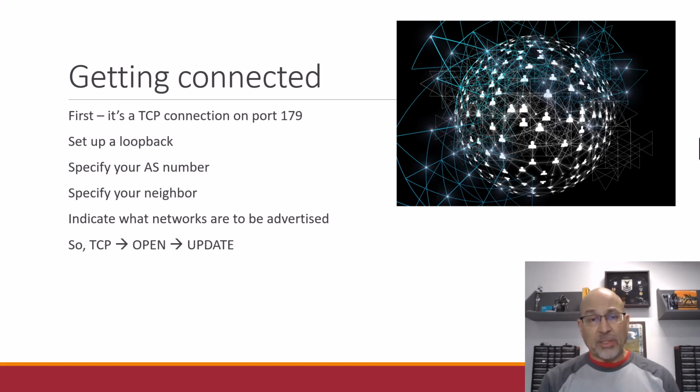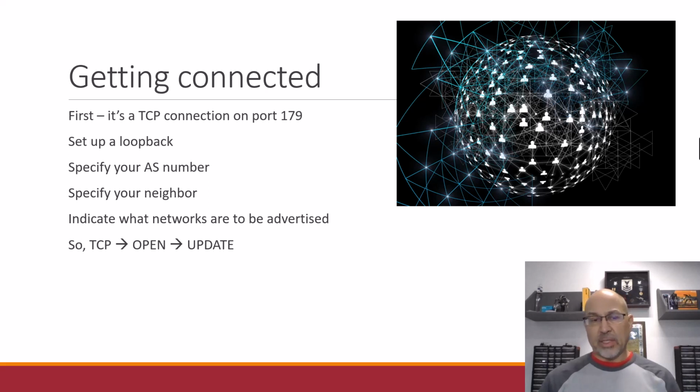We will then specify the AS number. When we set up OSPF, we used a process ID. In place of that process ID, we're going to use an AS number. I'll try to go slow as I do the config so that we can explain each and every one of the steps. And then we're going to specify our neighbor, and then indicate what networks we want to advertise.